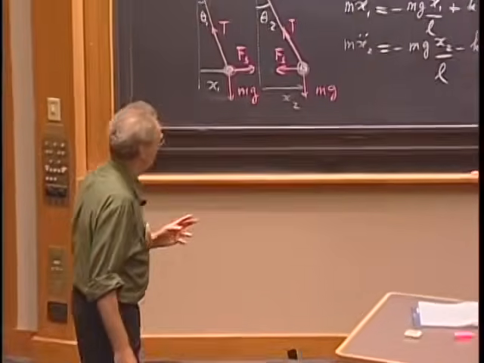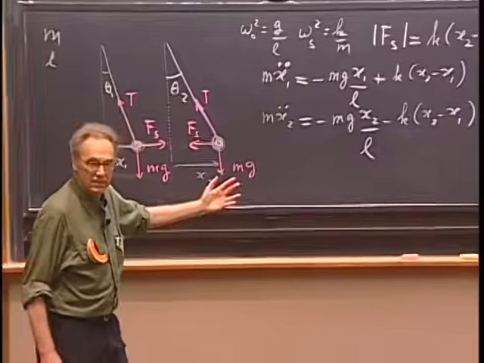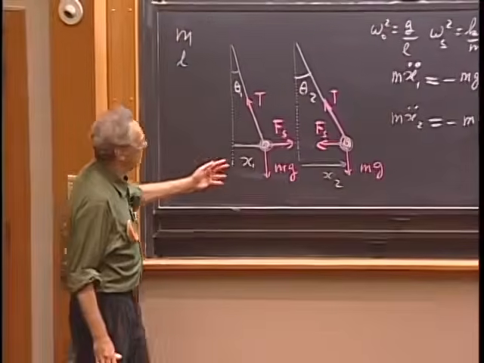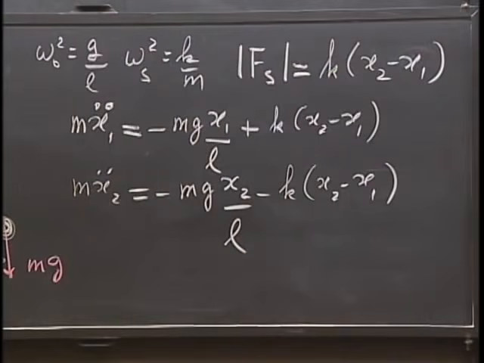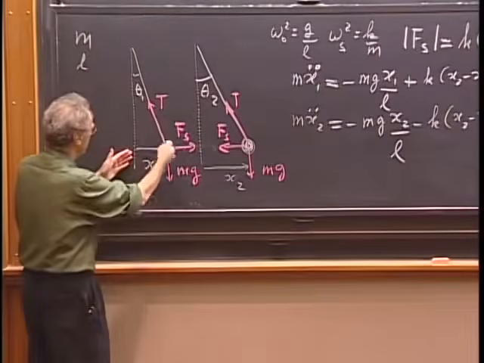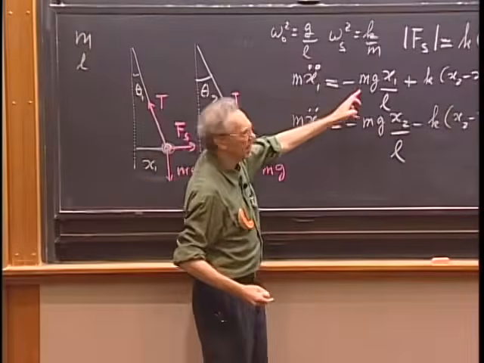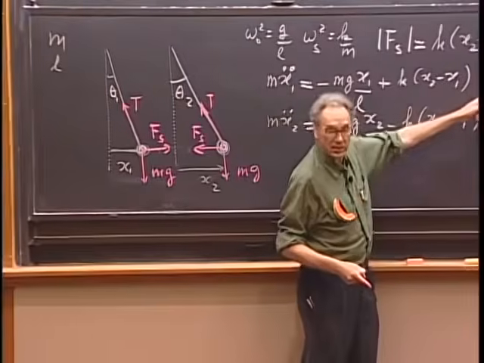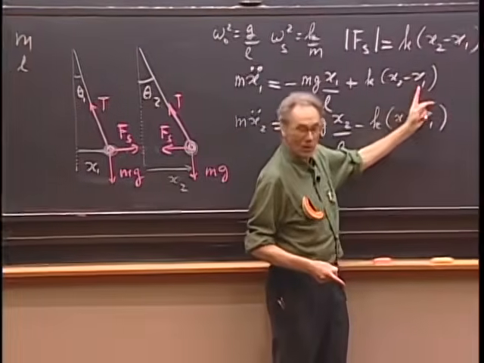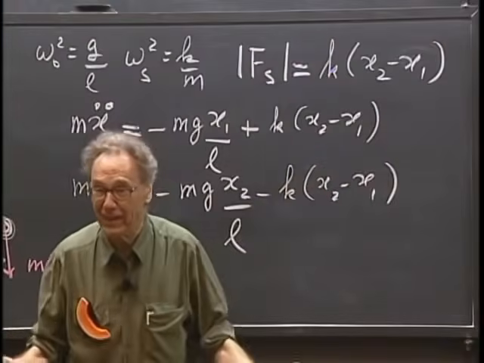So therefore, look at this again. Take a pause. This one, if I give this a positive offset, is indeed in the negative direction, the component of T sine theta. This one, if x2 is larger than x1, is indeed in that direction. And you notice if x2 becomes smaller than x1, well, then this becomes automatically negative.